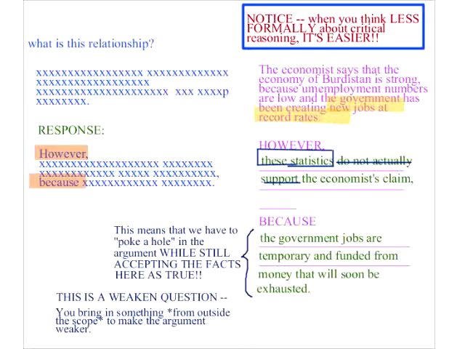The difference with the blank is just that you have to figure out what the conclusion is that you are actually trying to weaken. That's the difference. Because usually it says, these statistics do not actually support the economist's claim. So what they're saying here is that the economist's claim is what we are trying to weaken.